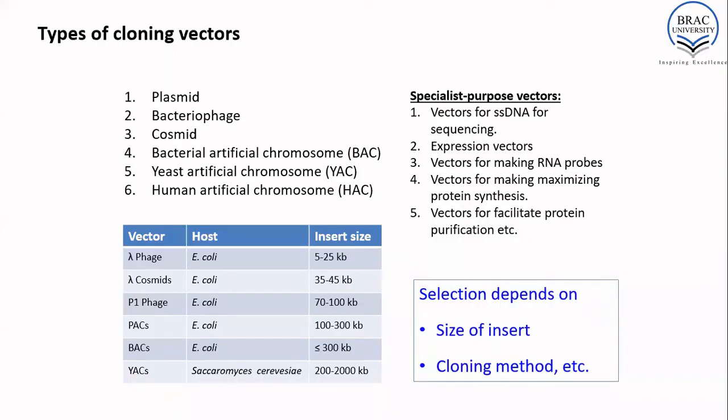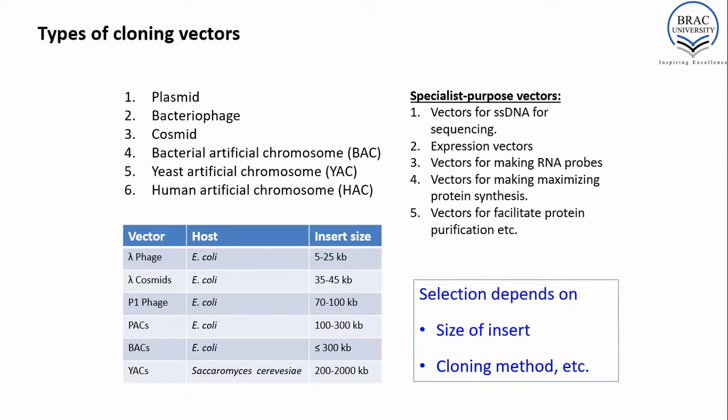So there are a range of cloning vectors available for molecular cloning. The selection of the cloning vector, as we described previously, depends on the size, cloning method, as well as the purpose of the procedure, that is, the downstream analysis.